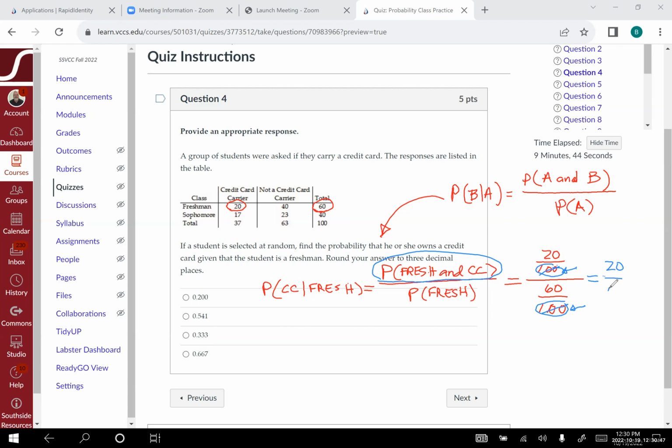So if you'll allow me to make things a little shorter and save ourselves a little bit of time, then we'll kind of get into the routine where it's not a big deal to write those denominators, but you don't really have to. So what does that reduce to? You see our answers are all decimals. I got the 0.333. There we go.